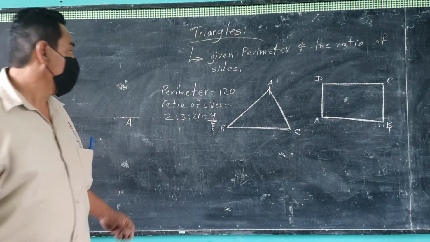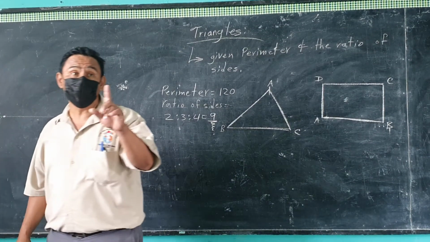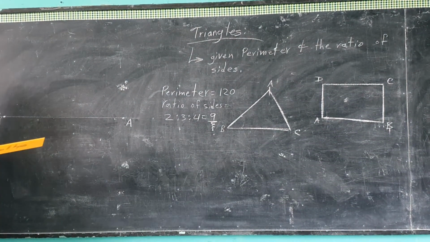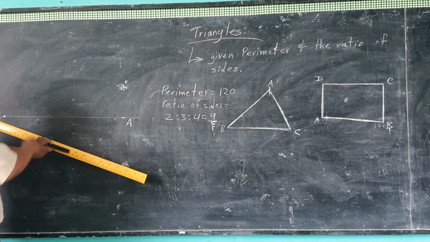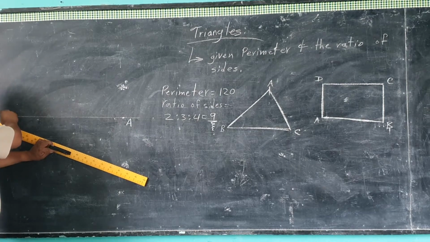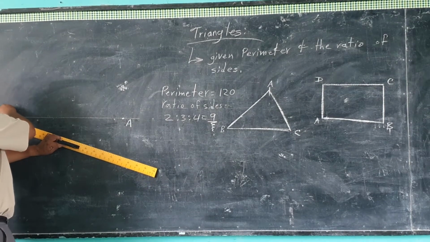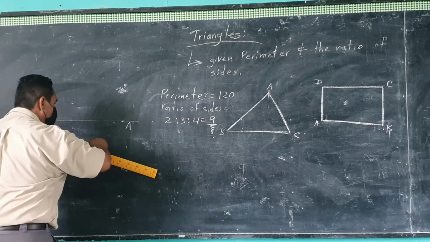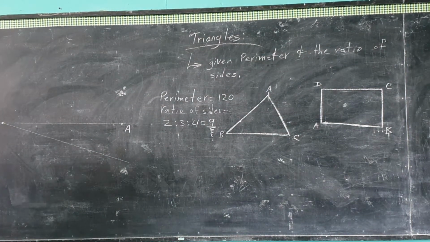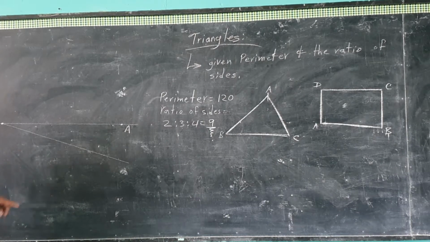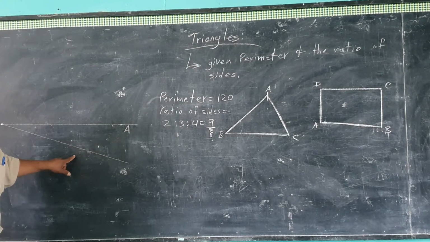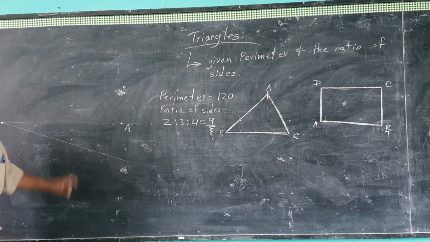9. So what you are going to do now, pay attention everybody, look at the board. You are going to draw a line from either A this one here or A this side here. So I will draw a line here, and I will divide this line into 9 equal parts.